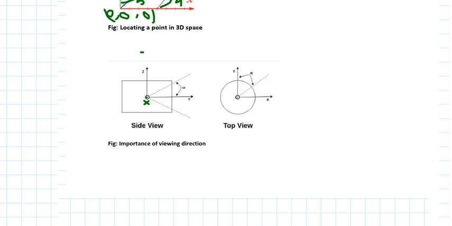Sorry, here is your eye, and along the z-axis you are looking into this direction. So you can see that the z-axis now seems like a point here.